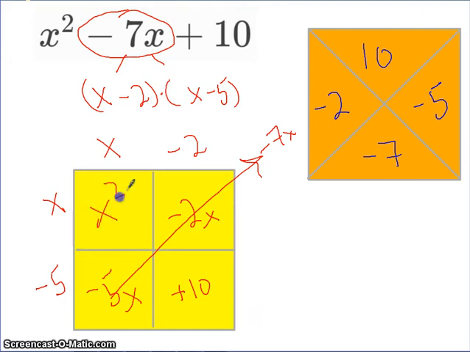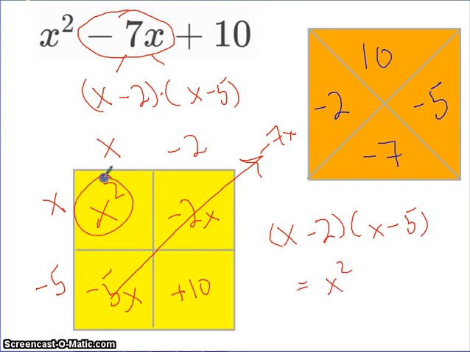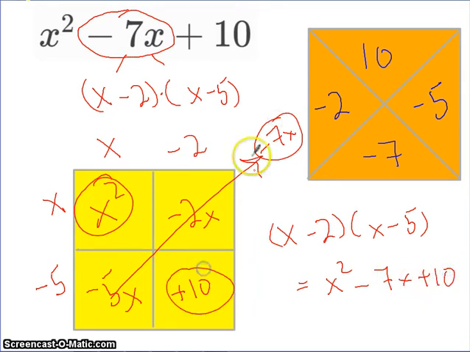So indeed, when I multiply x minus 2 times x minus 5, I get x squared minus 7x plus 10. These two binomials multiply to give me the trinomial I was looking for.